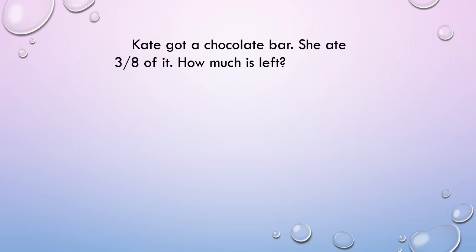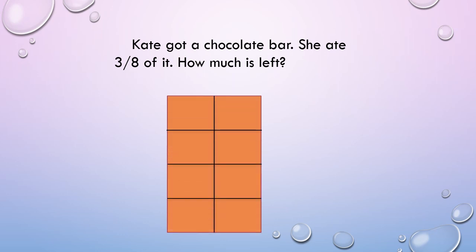Subtraction word problem. Kate has a chocolate bar. She ate 3/8 of it. How much is left? Well, an easier way to subtract using a diagram is to shade how much she already ate. So she said she ate 3/8 of it.